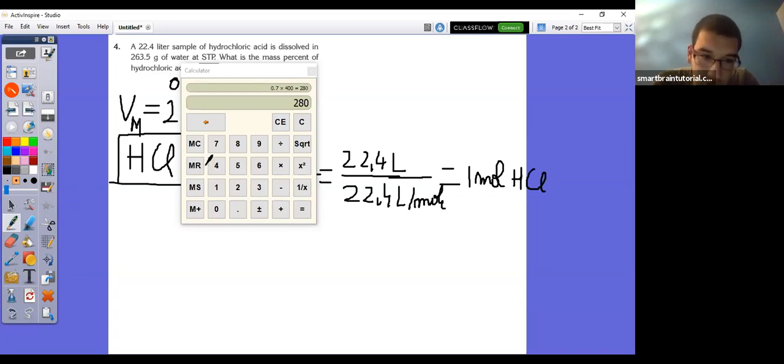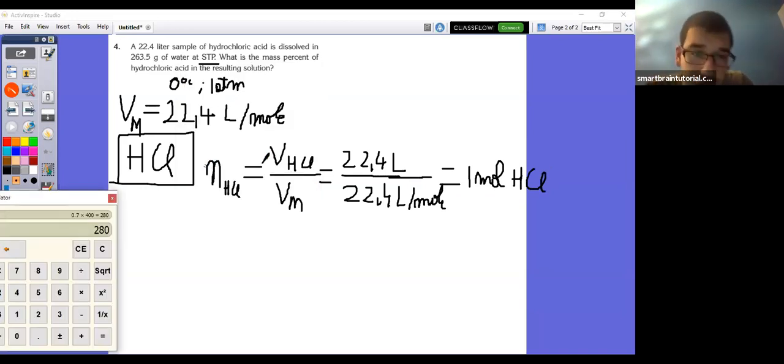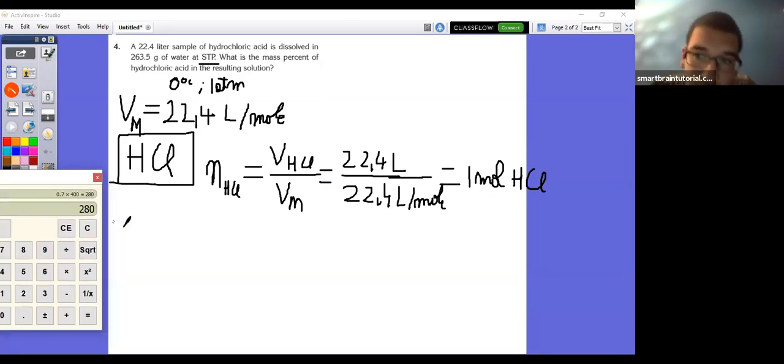But in this type of concentration, we don't need the number of moles, we need the mass of solute. Have you learned the formula, the relation between number of moles and mass?